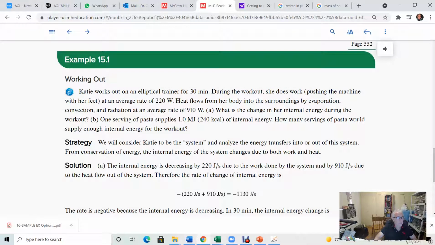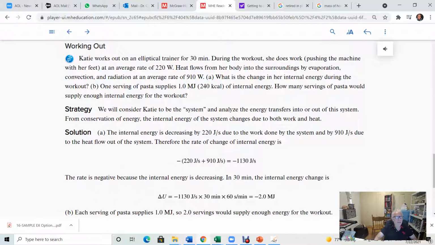She's losing heat. We have the negative sign here. She's doing work on the environment, or the work done on the system is negative. So we get this rate of loss of internal energy, 1130 joules per second.